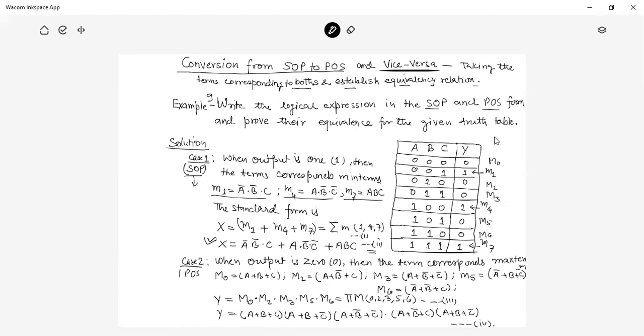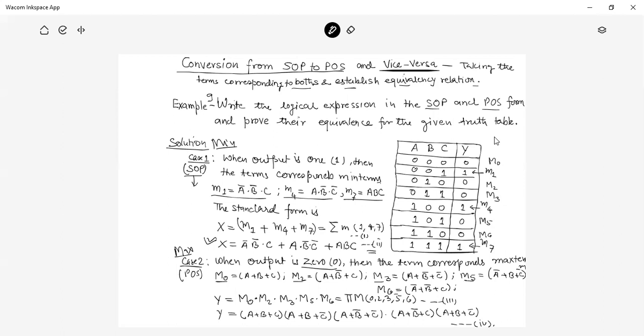Okay. The second case is taking the max terms. Here we are operating on max terms, so we are searching for zeros. We are searching for M0, M2, capital M3, capital M5, capital M6. So the values for zeros are the set M0, M2, M3, M5, and M6.